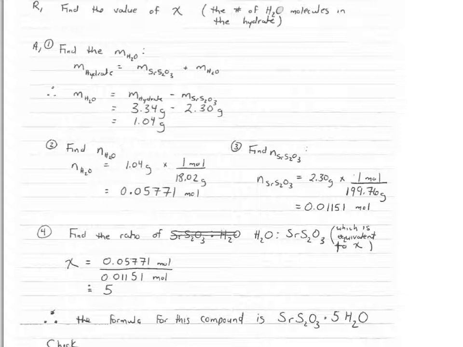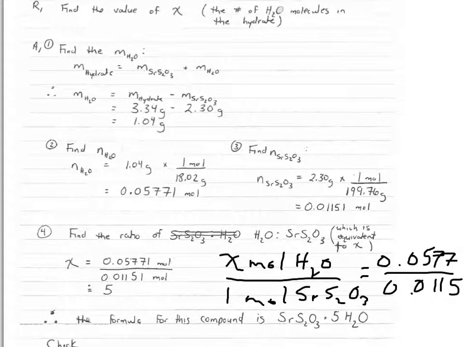Alternatively, we could also express this answer using a mole ratio. You'll have to excuse my messiness, but the mole ratio version of what we did goes like this. From the chemical formula, we know that for every X moles of water, we have 1 mole of the anhydrous compound, the SrS2O3.